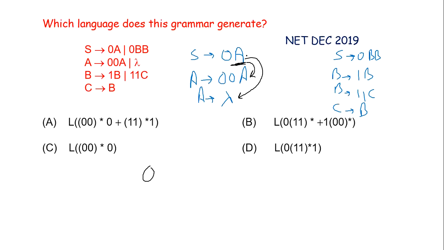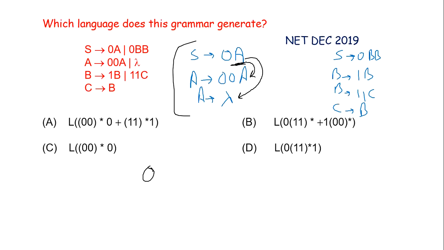So if we replace this A with lambda, then we will at least get a 0 in our language. So we can say that the smallest string from this grammar, that is S gives 0A, A gives 00A, and A gives lambda, will be 0, right?